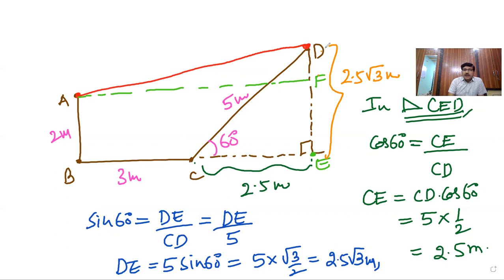Out of DE, which is 2.5 root 3, if I deduct this 2 meters AB, because AB is parallel to EF, this is 2 meters, I will get this DF. Clear?